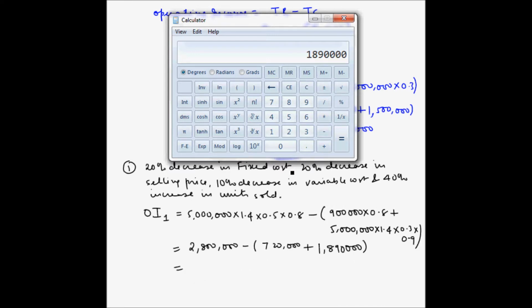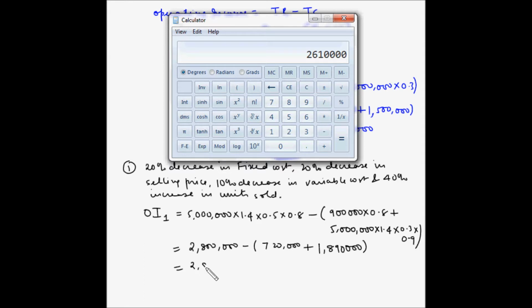So this is equal to, let's first open the bracket. 720,000 plus 1.89 million is 2.61 million.